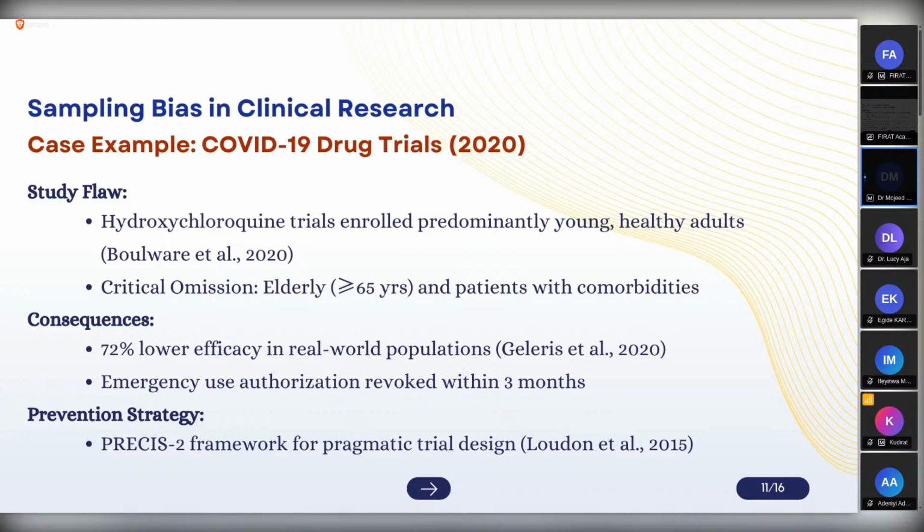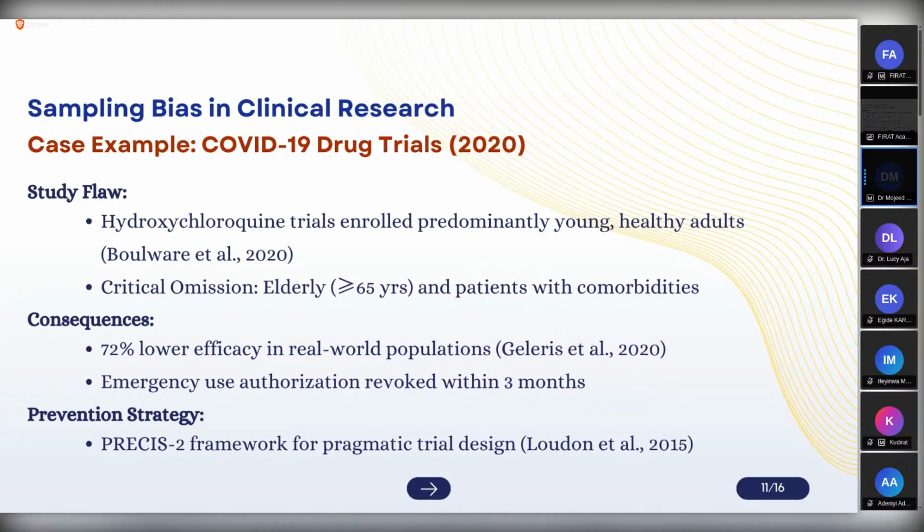So how do you prevent this kind of problems? You are going to use the PRECIS tool framework. So it stands for Pragmatic Explanatory Continuum Indicator Summary. It's a clinical trial tool that is designed to balance both real world applicability, which is called pragmatic, with scientific rigor, which we call explanatory.